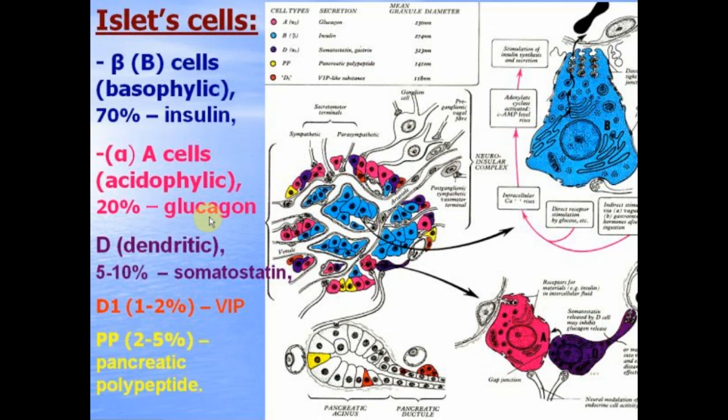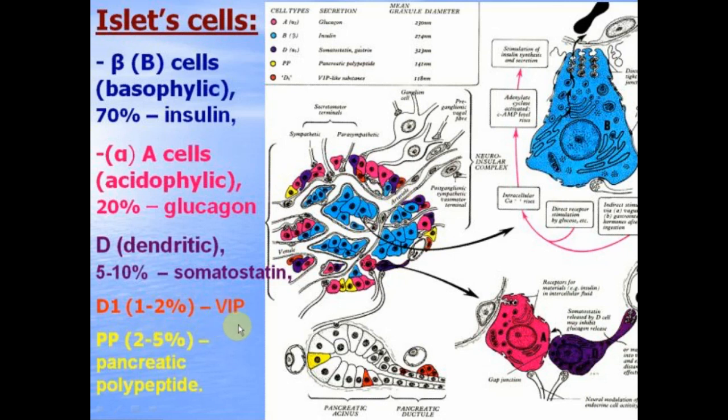D cells, or dendritic cells, contain processes. There are up to 10% of them in the islets. They secrete somatostatin. D1 cells, these single, not numerous endocrine cells, produce vasoactive intestinal polypeptide.